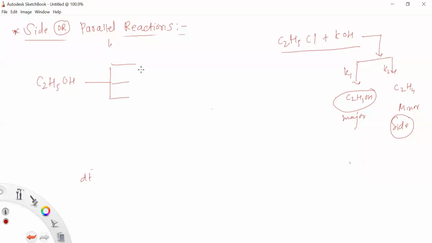First one is the formation of ethylene plus H2O. The rate constants are K1, K2, and K3. The second product will be the aldehyde, and the third one forms C2H5OC2H5. So these are the three products which will be formed. Out of these, this is the main product, and these two are the side products.